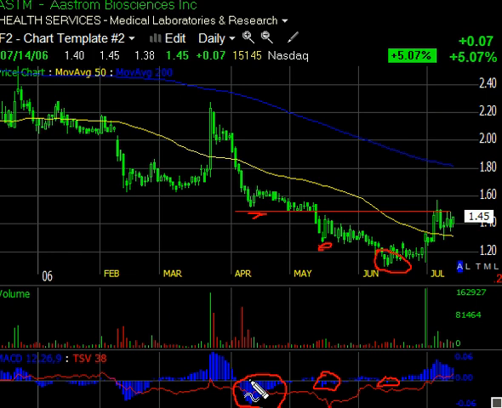Next I want to show you another divergence that we can see here in time segmented volume, which is sharing the window with MACD. That's the red line. This is a Warden proprietary indicator that tracks accumulation, distribution more or less, and we can see that in May we have this low here where time segmented volume is at a low right in this area, and then in June we have our new low, and time segmented volume is almost at the zero line, and now it's above the zero line.